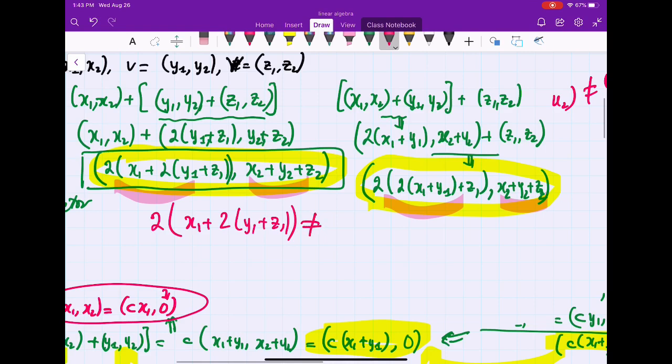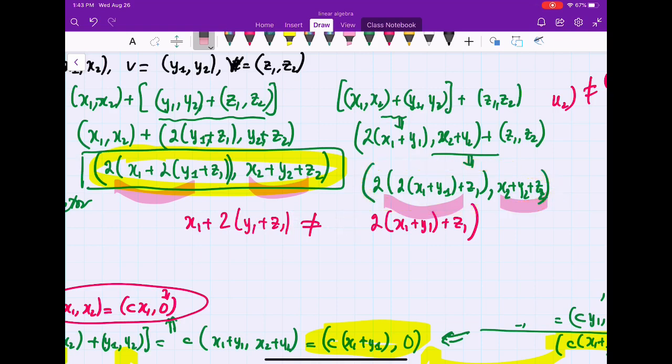On the other side I have 2 x1 plus y1 plus z1. So if you erase the 2 here and simplify, you would get the following. Here I have 2 times, and here I have this.